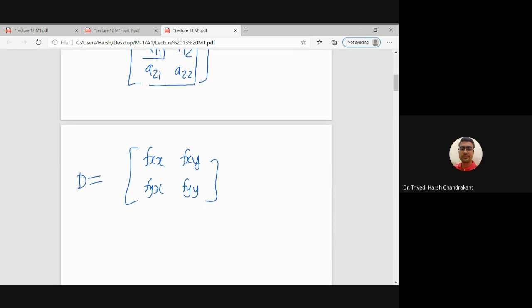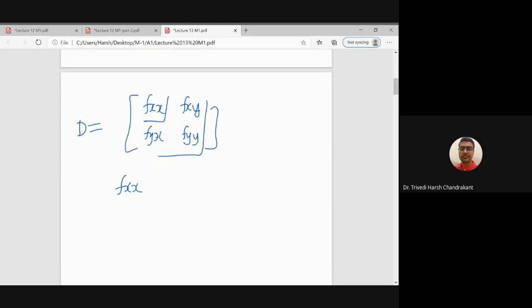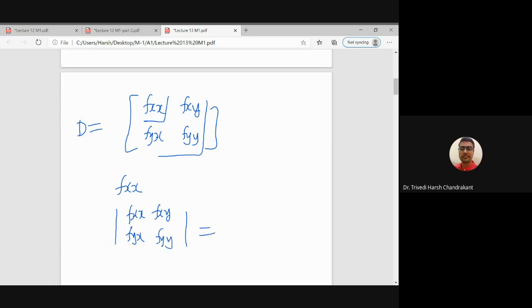Its principal minors, if you consider, the value of its determinant: first is fxx and second is the determinant of this matrix, that is the 2 cross 2 minor. Actually this is the discriminant. This matrix is known as the Hessian matrix. So this says fxx fyy minus fxy fyx.